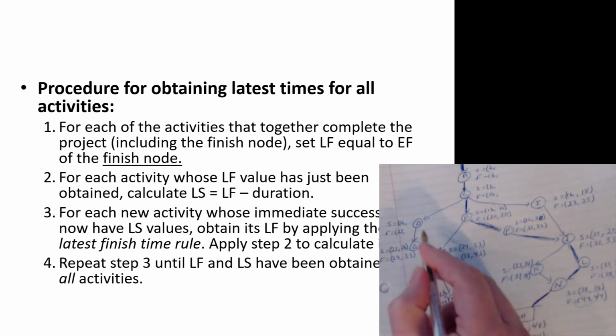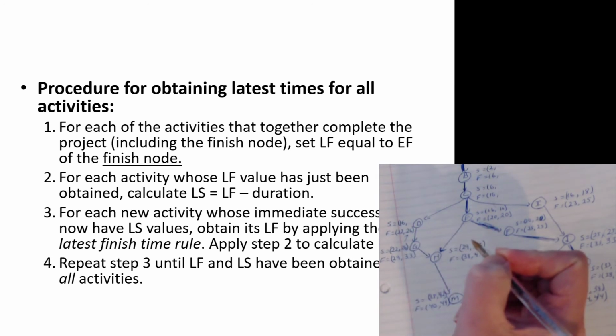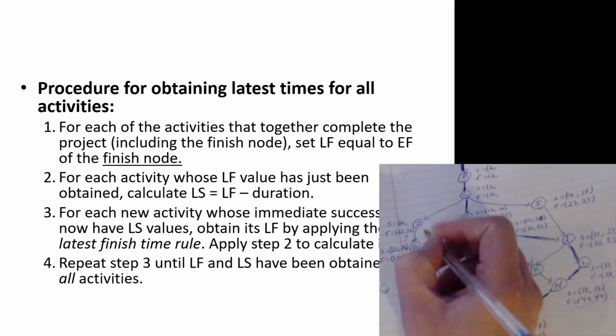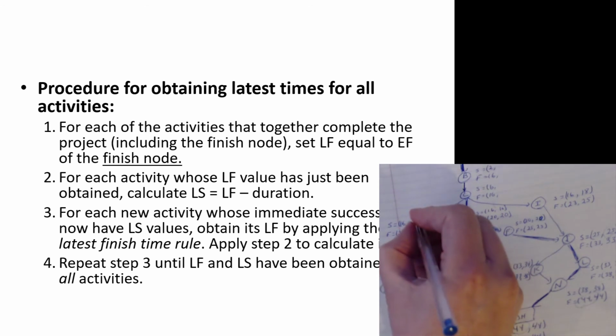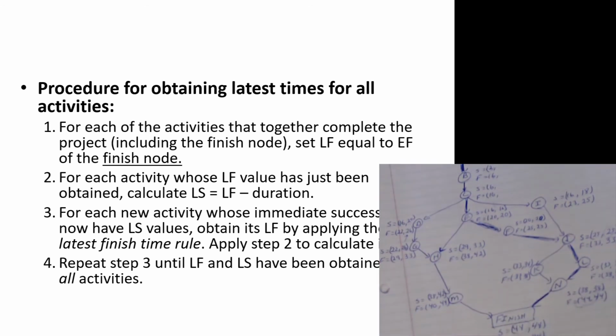Then we go to D. Latest start time for G is 26, so that's the latest finish time for D, and again, same process. Take off the 6 weeks that D takes, and we get a latest start time for D of 20.